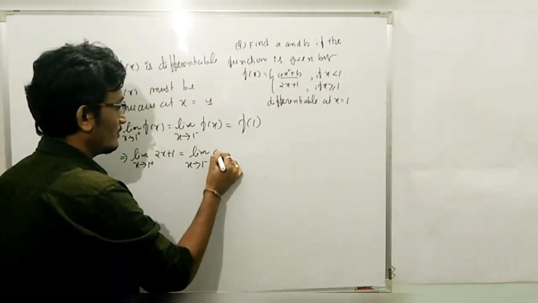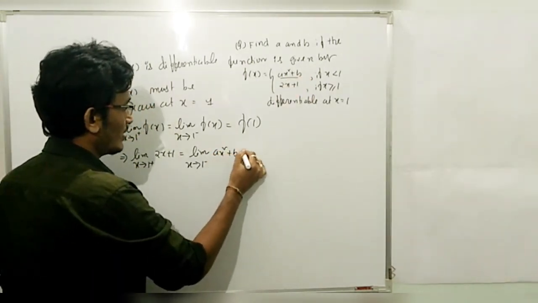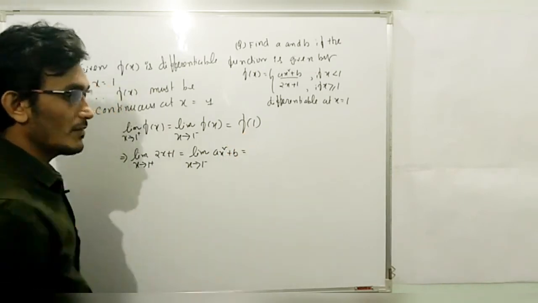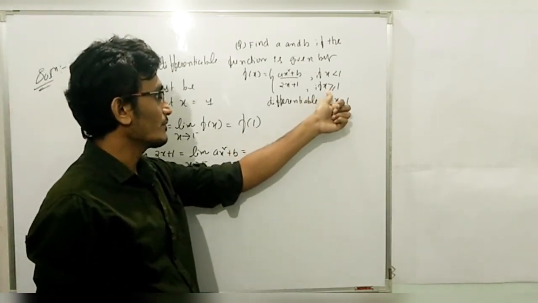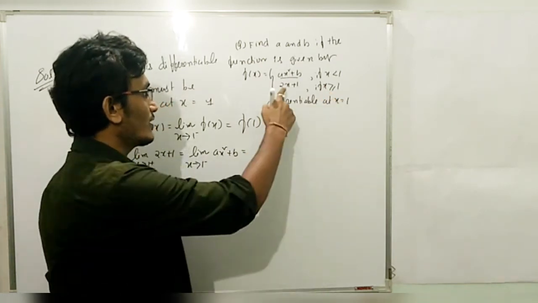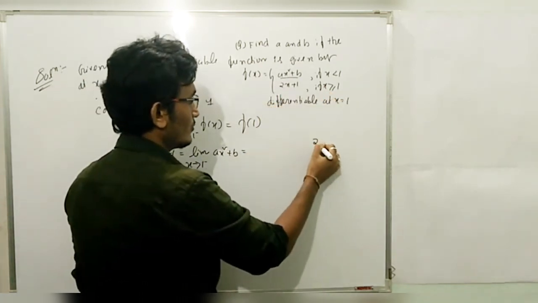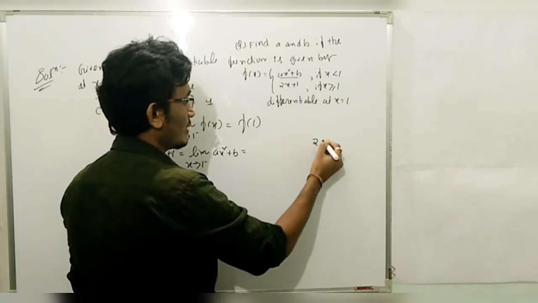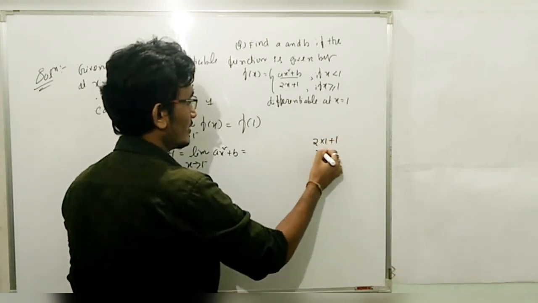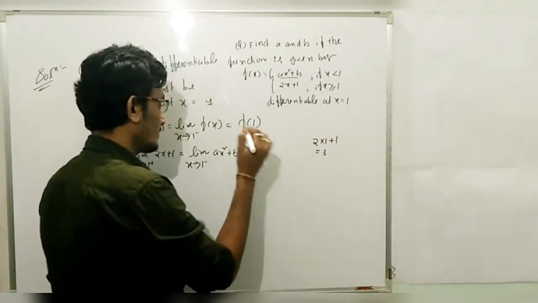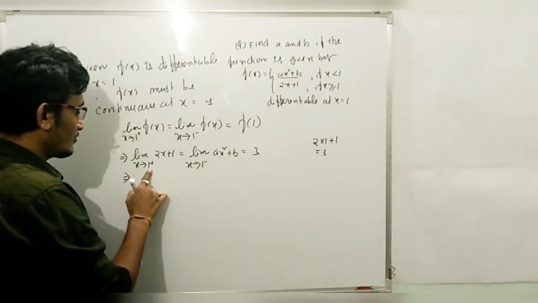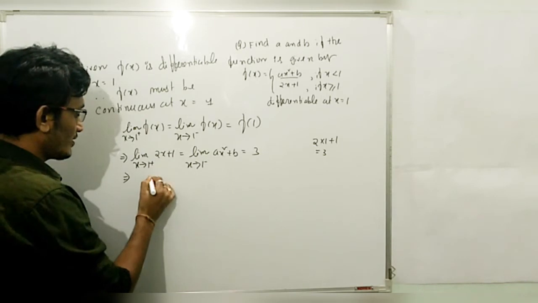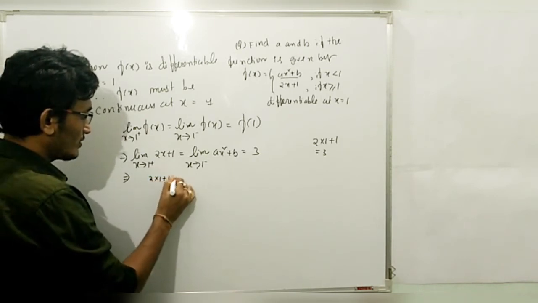So f(x) should be replaced by ax square plus b, and f(1) means x should be equal to 1. So here x equals 1 means this is the function 2x plus 1. So 2x plus 1, replacing x by 1, 2 into 1 plus 1 is equal to 3. So limit x tends to 1 plus 2x plus 1 means 2 into 1 plus 1.